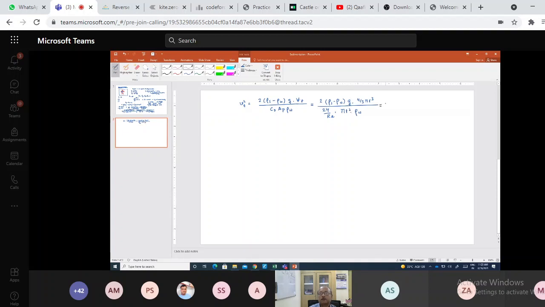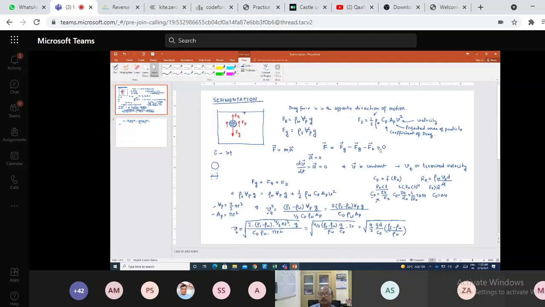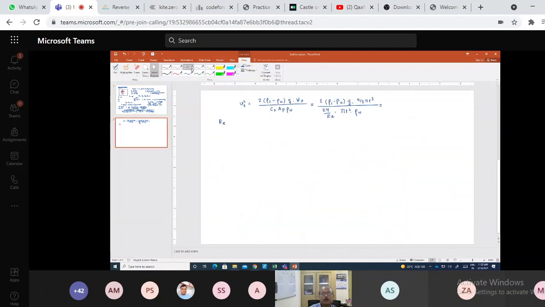So if you now put the value of Re, you can see Re equals rho W Vt D by mu, where mu is the viscosity of water.